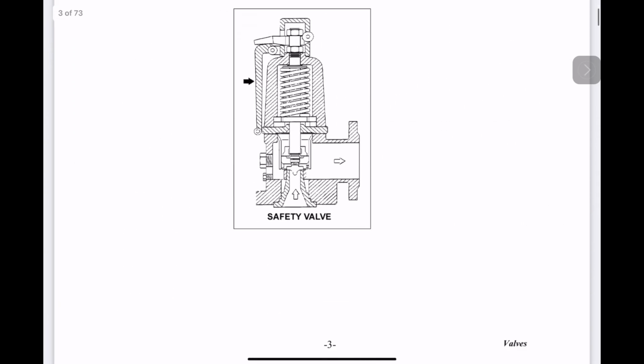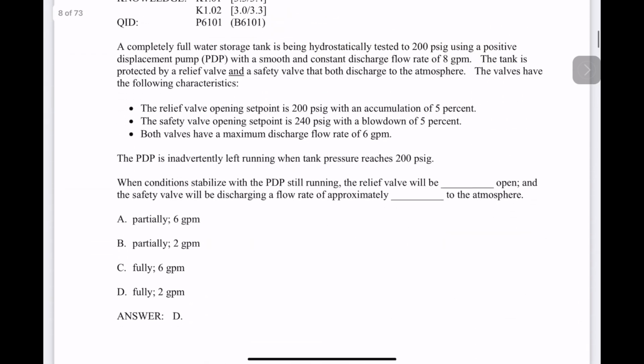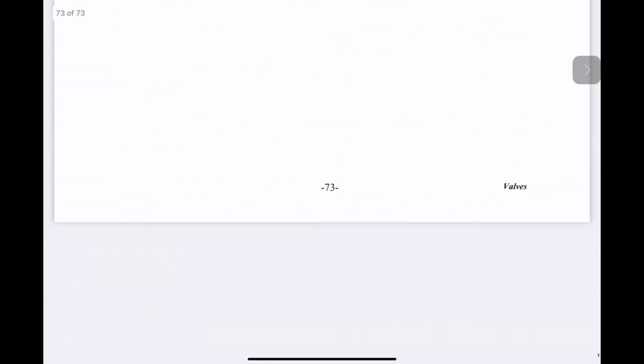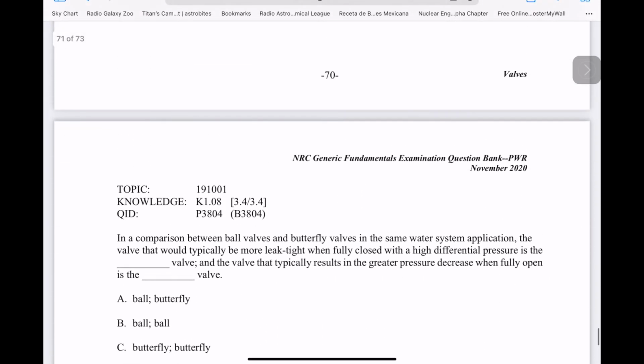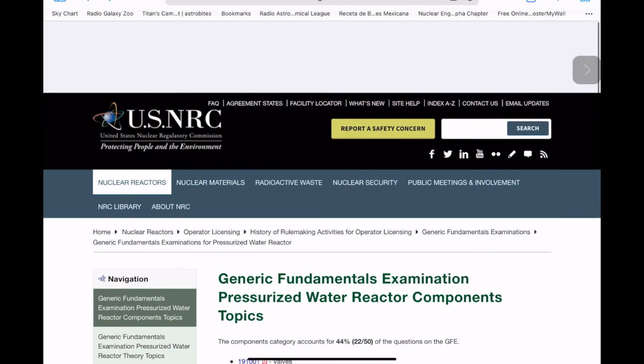I will also show the stuff that I really, really need to know to learn all of these questions, and I will show some examples of this. The same goes for sensors and detectors, controllers, positioners, and so on. So we'll start with the valves.